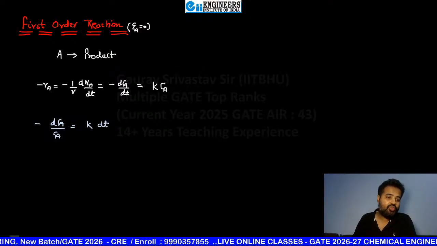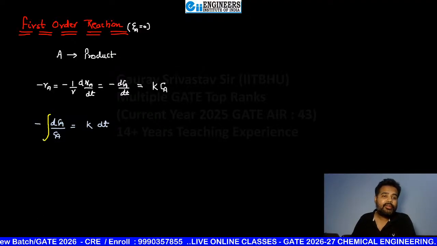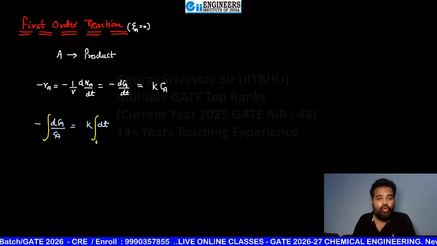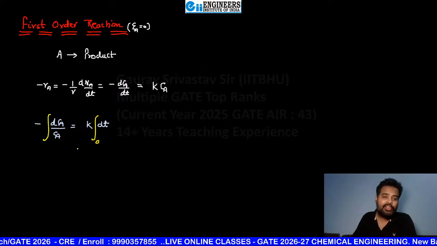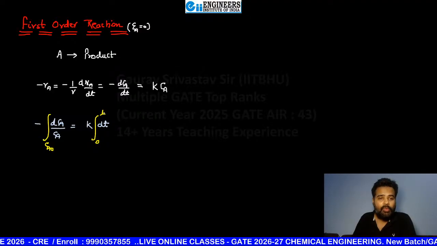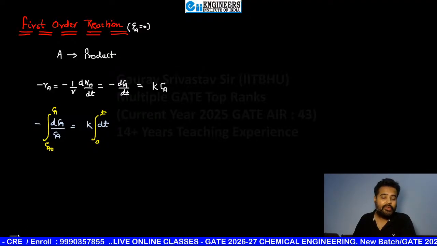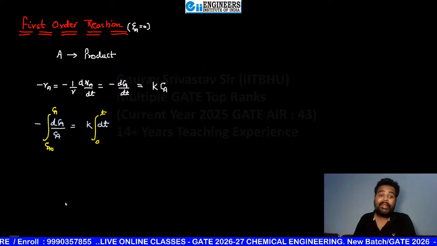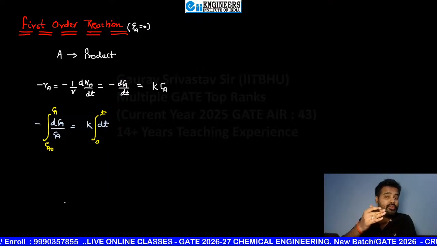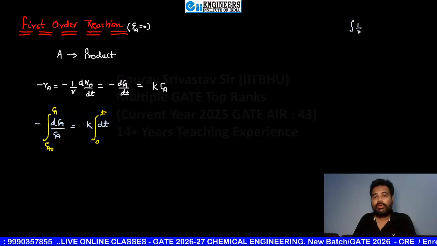Now again we have to take limits here. When time t is 0, the concentration of A is initially Ca naught. When time is small t, the concentration is Ca. Now, when you integrate 1 by x, can you tell me the integration of 1 by x? Please tell me.